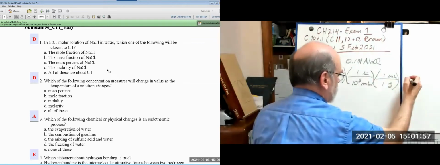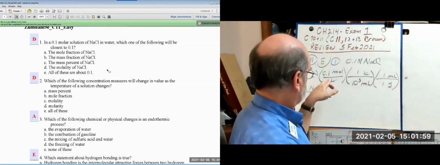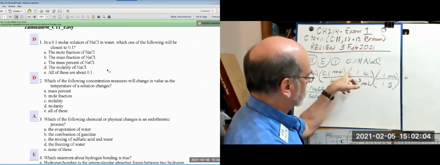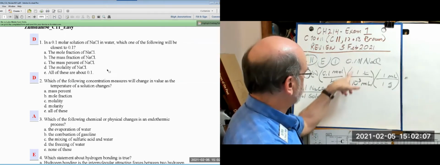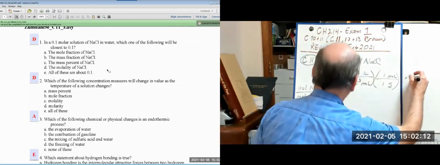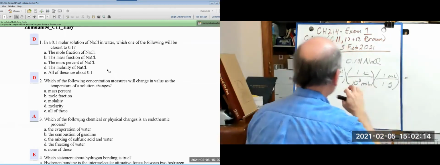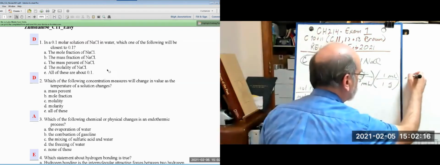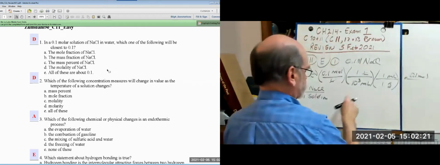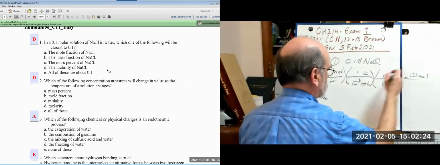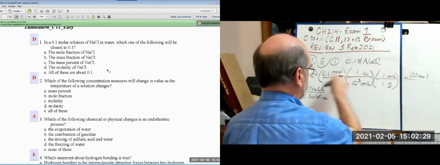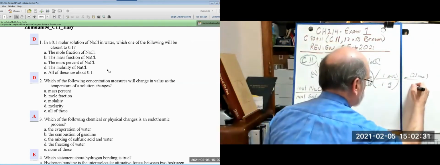Oh, excuse me. No, it's 0.1 mole per 1,000 grams.